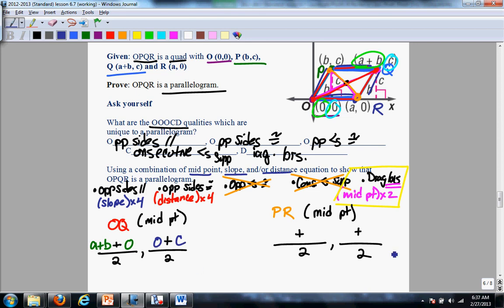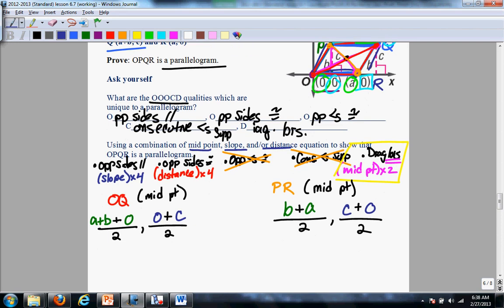Now we're going to go to PR. We're going to go the other direction. Our x coordinates are B and A, so it's going to be B plus A. And our y coordinates is C plus 0.